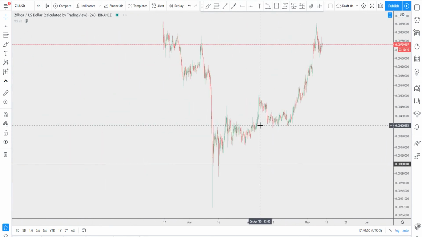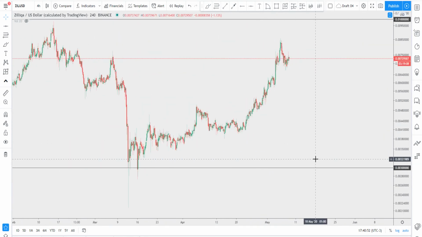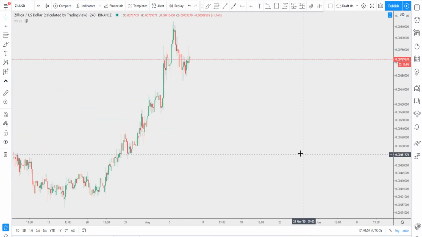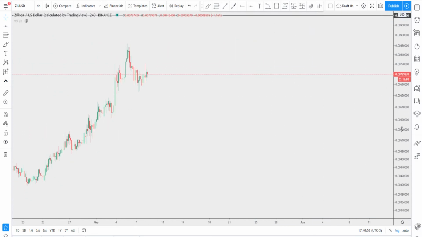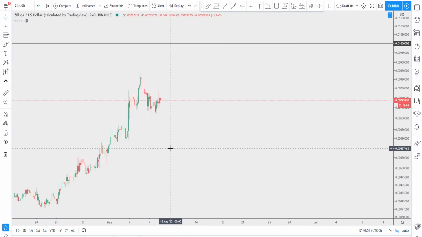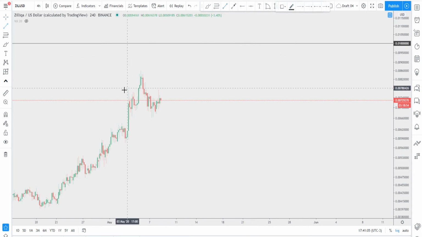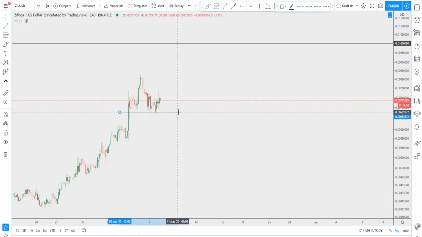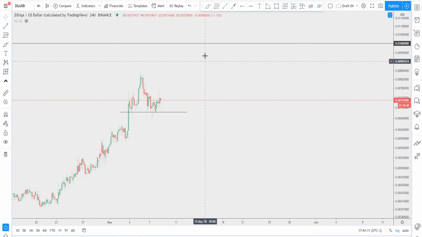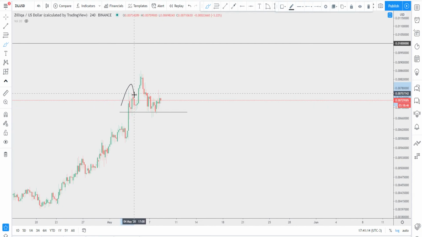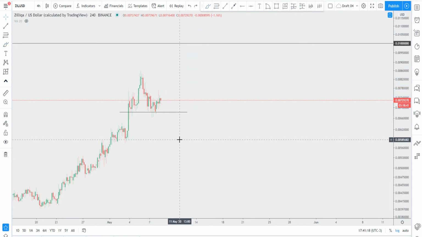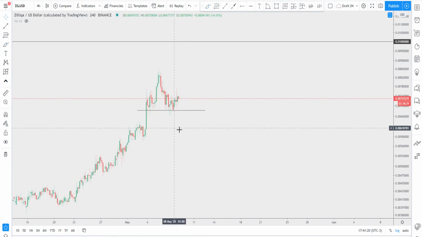Okay, so let me see. Okay, so we don't have any clear structure here. Somewhat, let's take a better look here. This is our neckline for a possible head and shoulders. Okay, so it's still possible to see a head and shoulders here.